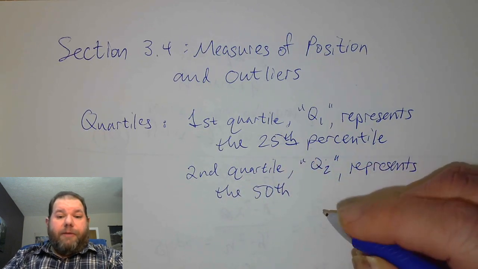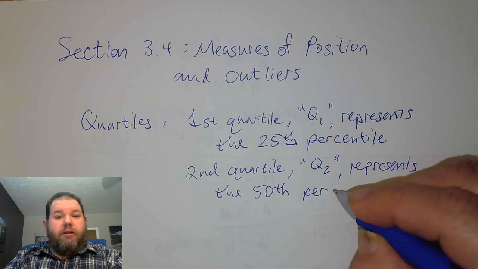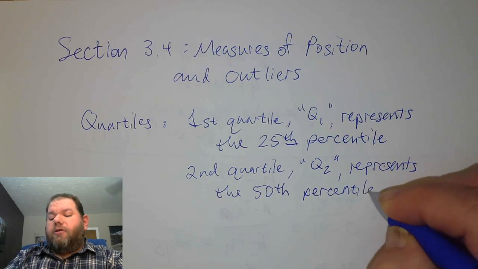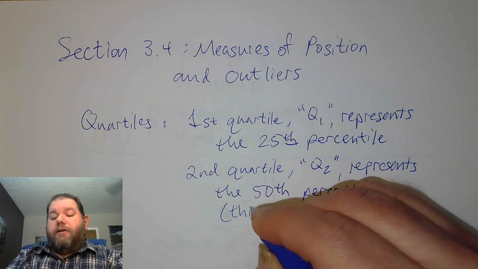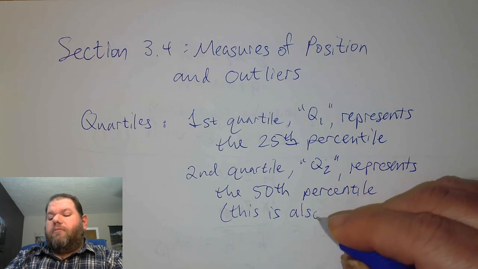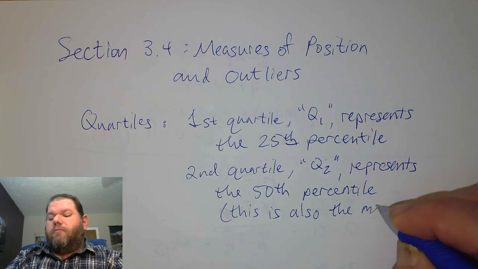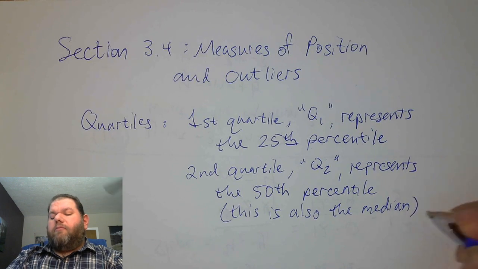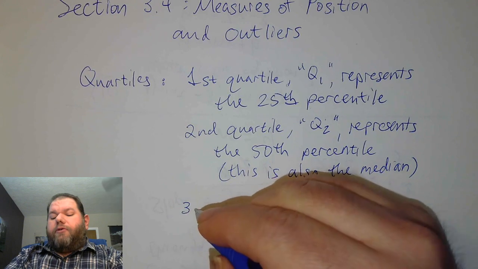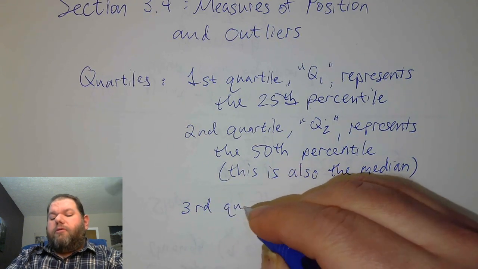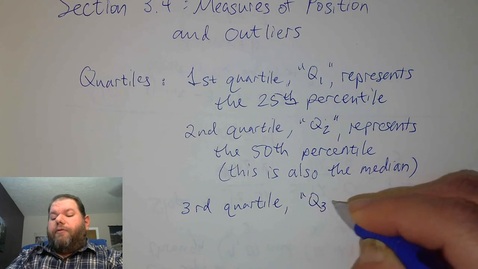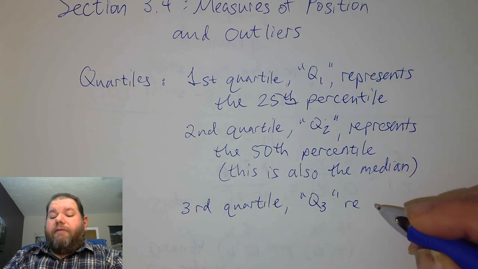We actually call that the median, because the median is the middle point. That's the 50th percentile. So this is also the median. And then the third quartile, which we'll label as Q3, represents the 75th percentile.